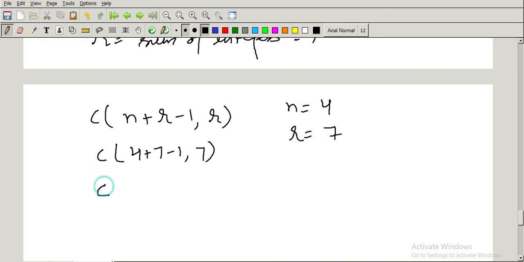So this is 11 minus 1 is 10, 7. So calculate C(10, 7), and that will be the number of solutions for this equation that is given to you.